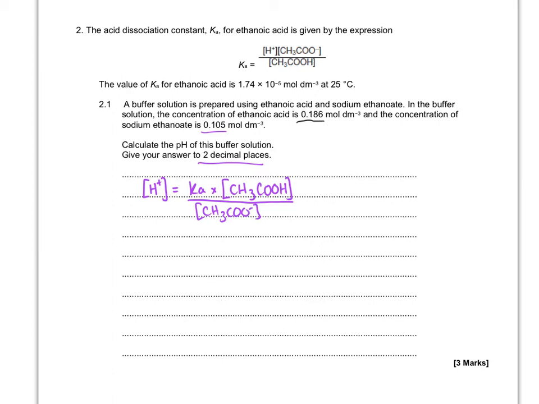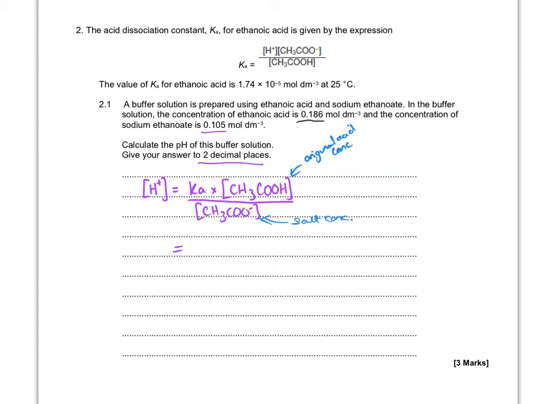Now you've got to remember, if it's a buffer question, that is the original acid concentration, because we say that it's barely dissociated, so we don't worry about any change, and that is the salt concentration, because there's going to be a huge excess from the salt of the A- ion, or in this case the CH3COO- ion, so any other contribution to that from the acid is going to be negligible.